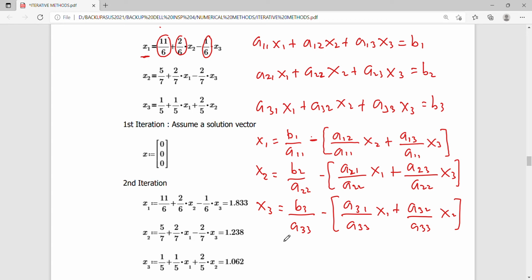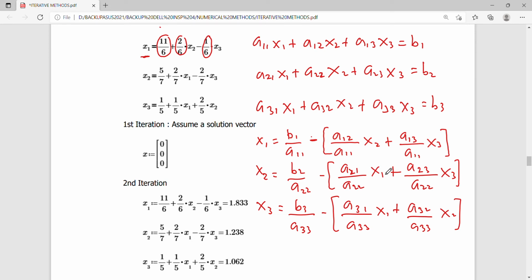Okay, so these are the fixed point iterative equations that would be the basis of the cycle process upon which your new solution vector is being updated. But here you will notice that the value for x1 is actually an iterate of the second iteration, not the first iteration.